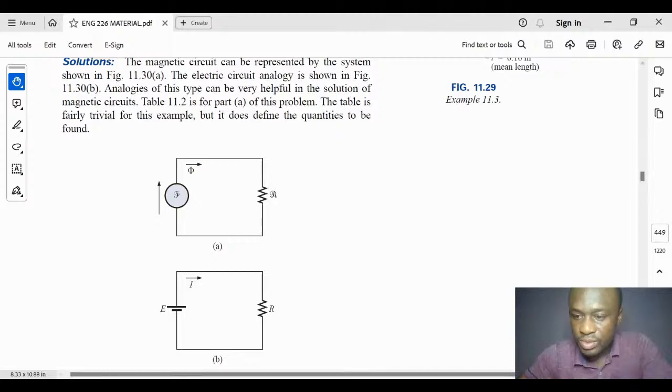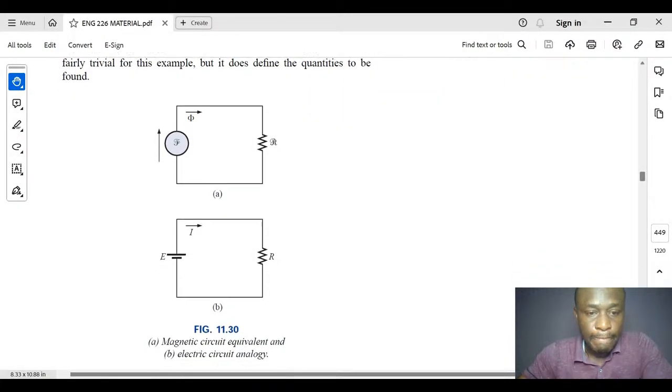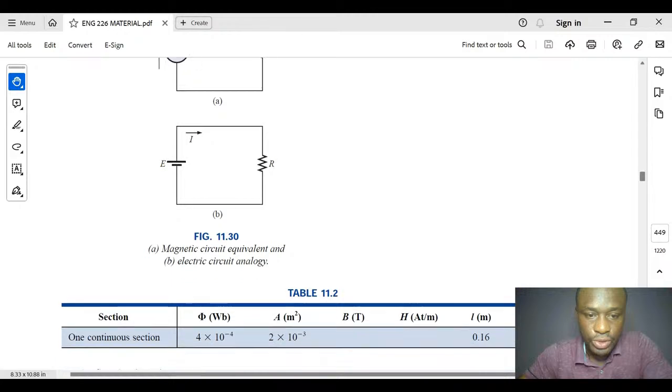Just bear with me. Let's move down to the solution.